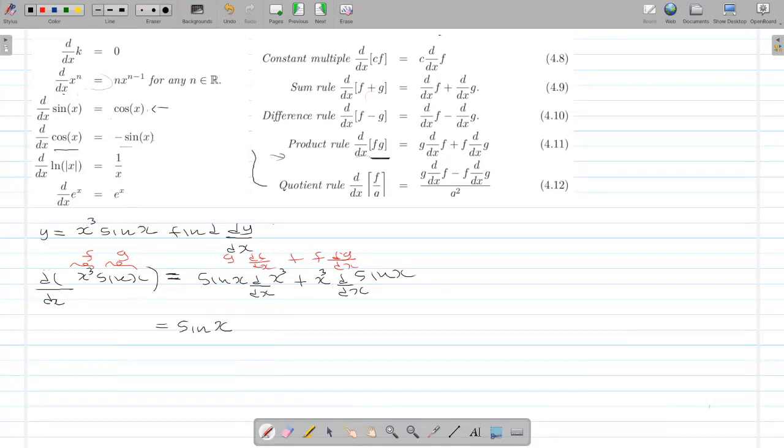So I can write 3 times x to the power n minus 1, n is 3, so n minus 1 is 2. That is the first one. And for sine x, this function is listed here, so that is the derivative, cos x. So it's better to write this 3x squared in front. So I will write 3x squared here.